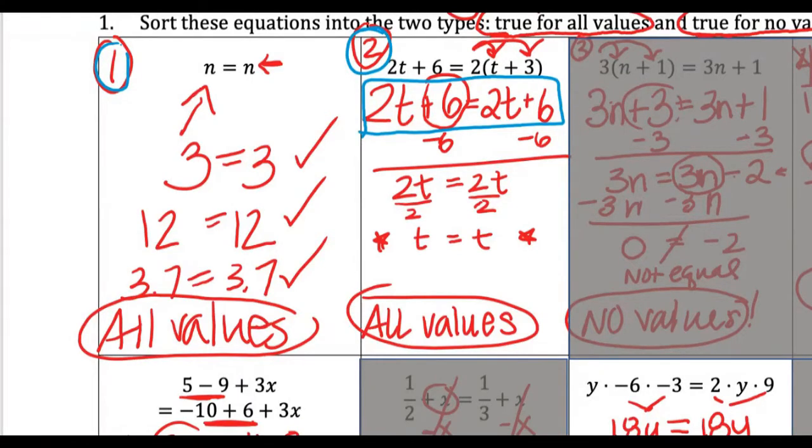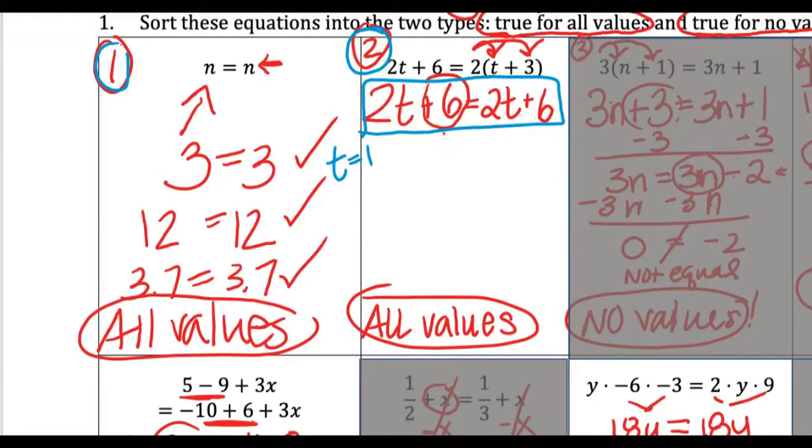If I said t will equal 1, if I were to replace the t with a 1, we would be able to see what's going to happen. So let's actually do some erasing here and see what would happen. And don't erase yours, just watch.